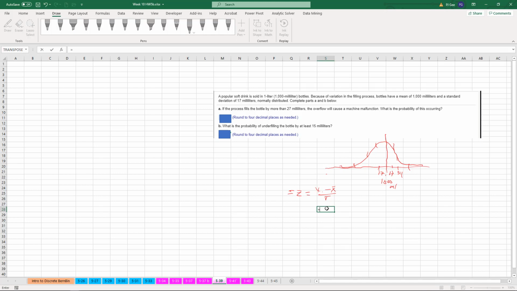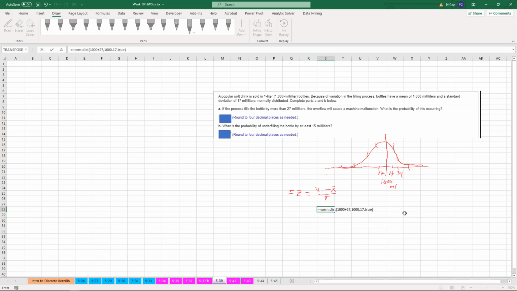So equals the norm.dist of x is going to be 1,000, just so we remember how we did this, plus 27. So 1,027 milliliters. The mean is 1,000. Standard deviation of 17. And cumulative.